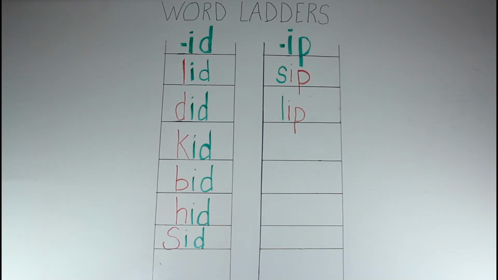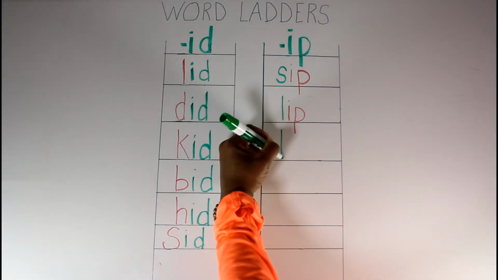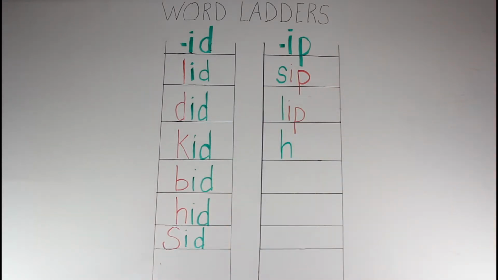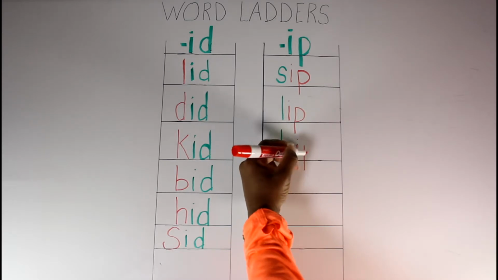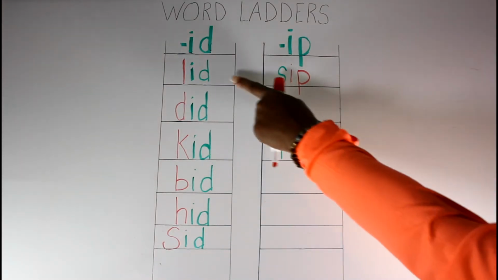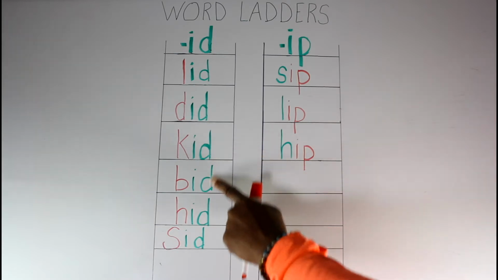Lip. Let's go to our next one, and I'm going to write an H, and who can tell me what H says? That's right. And again, we write I and P. The same ending.